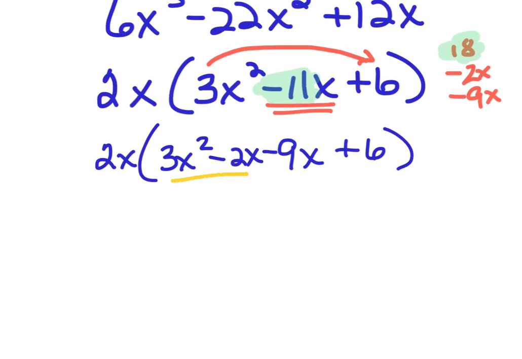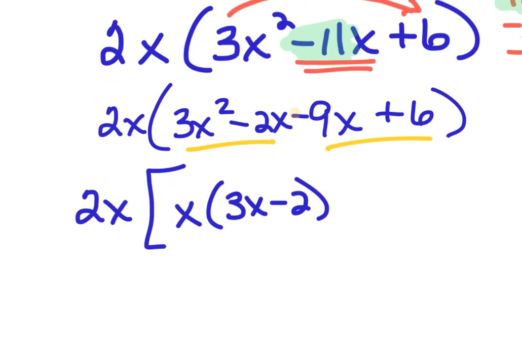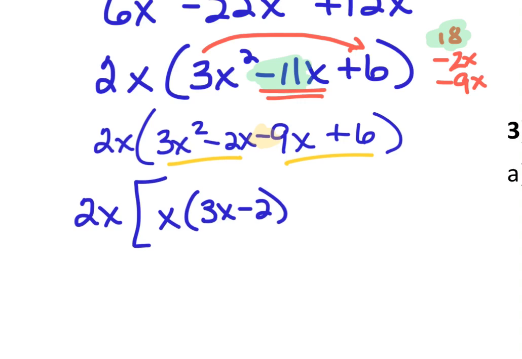And then you're going to take the GCF out of two terms at a time. And so that's going to be just an x in those first two. So I end up with 3x minus 2. And then always keep the sign of the middle term when you're doing the GCF here in the second pair of terms. And so that's going to be minus 3. And that's going to be 3x, and then minus 2.